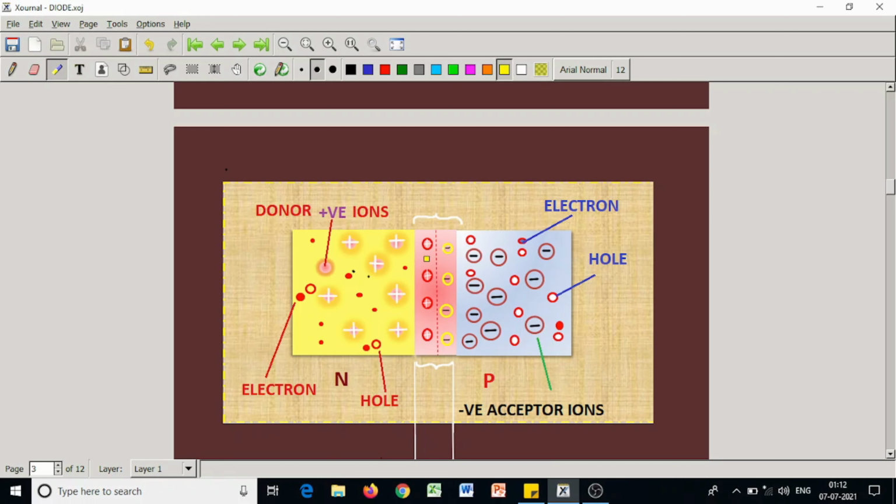So at the junction, when electron and hole recombine, giving rise to heat or light, if the kinetic energy is liberated in the form of light, then it is called a light emitting diode. But in usual diodes, it is liberated in the form of heat.